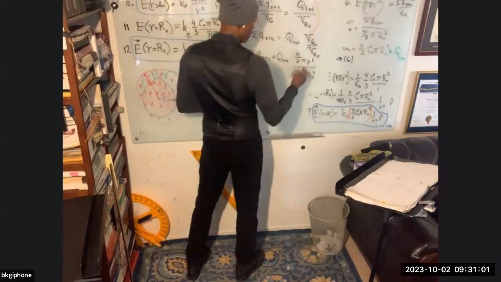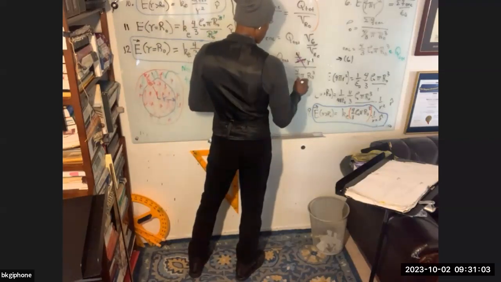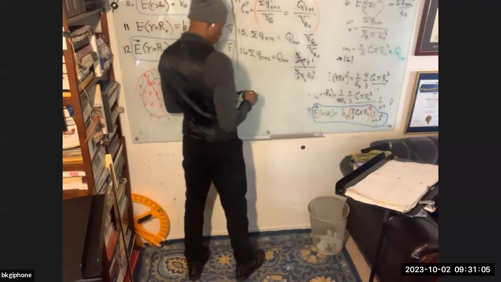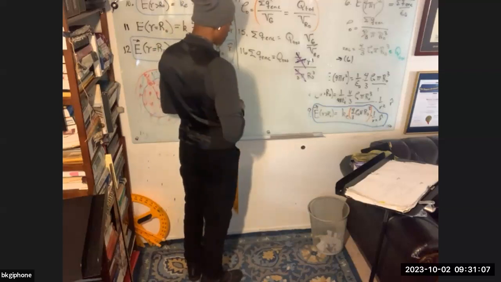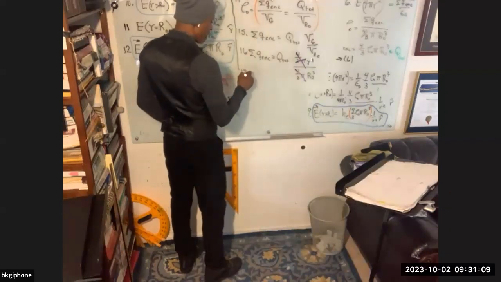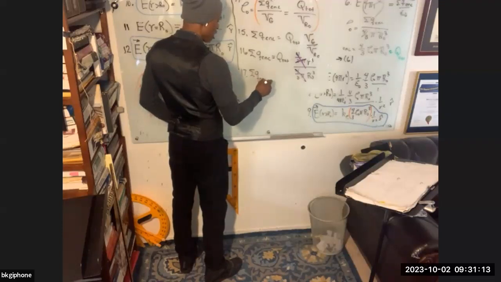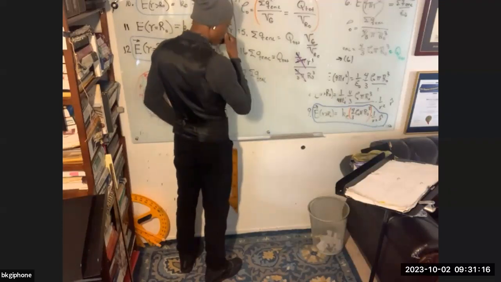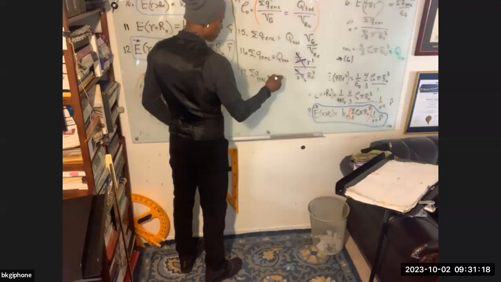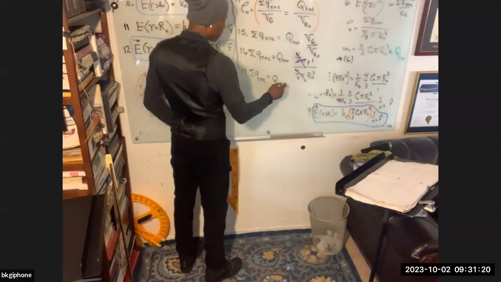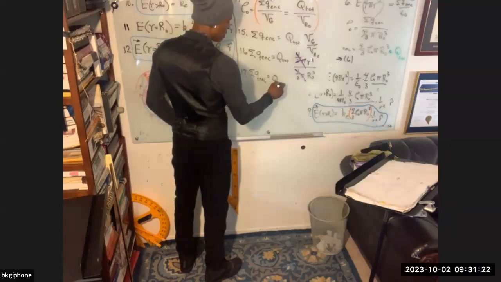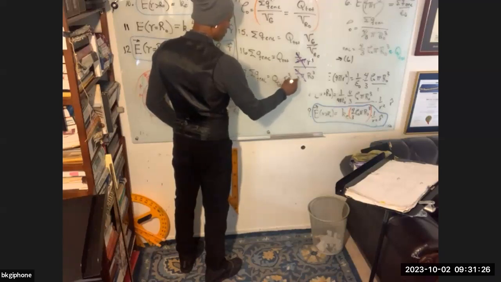Of course, the 4/3 pi cancels out. And in the end, I've got that the total charge enclosed inside my inner Gaussian, r less than r naught, is equal to Q total times this ratio of r cubed, which is a variable, divided by r naught cubed.